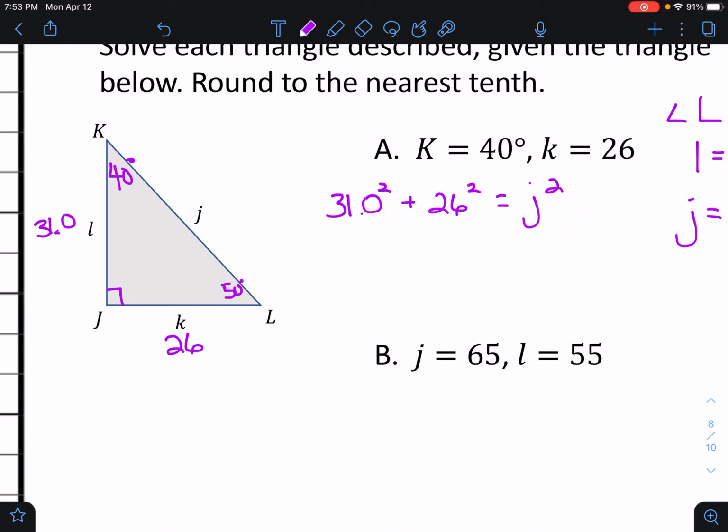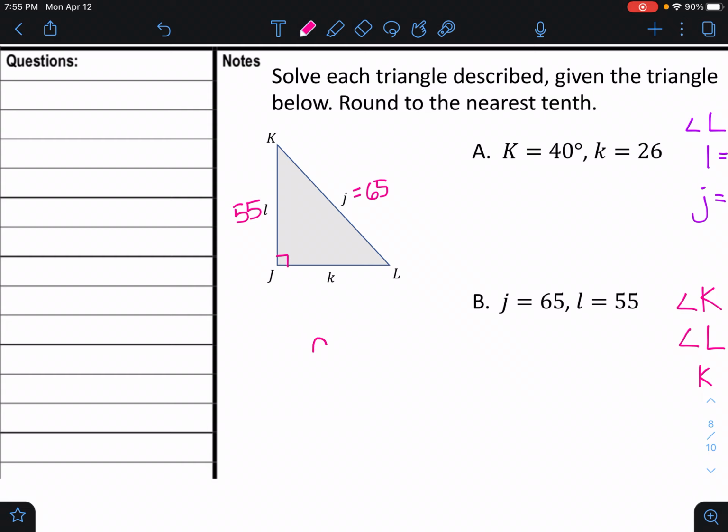So in this case, what am I trying to find then? I need to find two angles. So angle K, angle L, and side K. Okay. So I'm going to start by finding angle K. So how do I do this? Well, let's see. I've got, this is the adjacent side and this is the hypotenuse. So that means it's cosine.